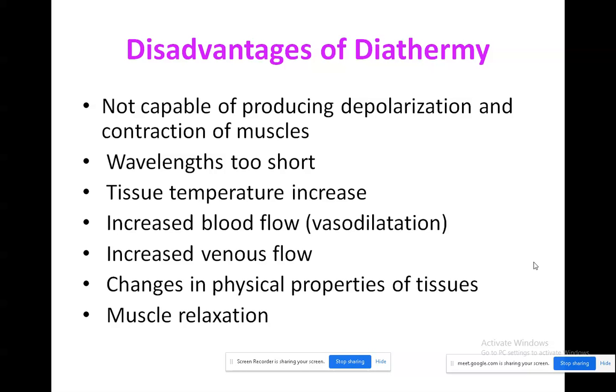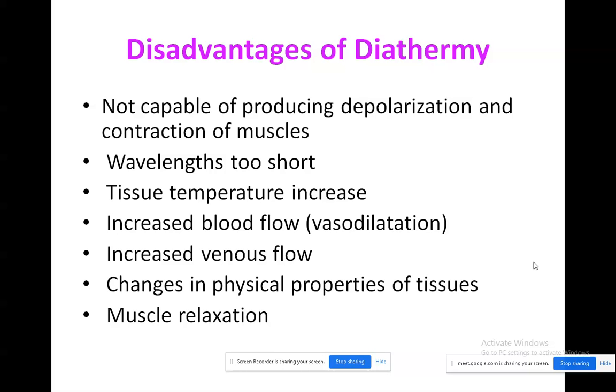The wavelength will be very short, and the temperature will increase because we are providing heat as electrical energy. Due to the high temperature, the blood flow will increase. Venous flow, venous being the blood vessels coming from the heart, will be very high.